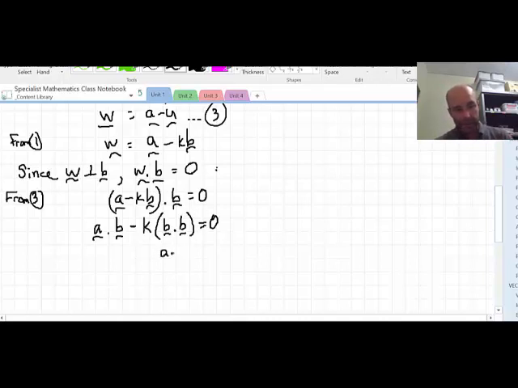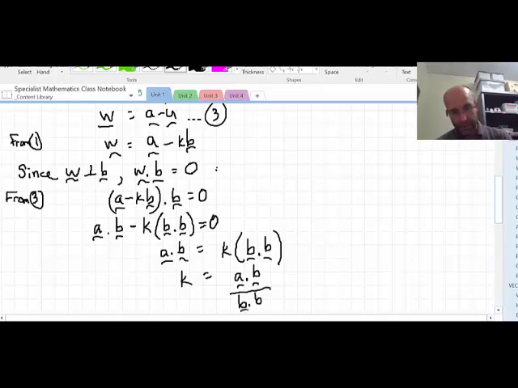Rearranging that, we have A dot B equals K outside of B dot B. Rearranging again, K would equal A dot B divided by B dot B. Now we can do that because these are scalars, real numbers.